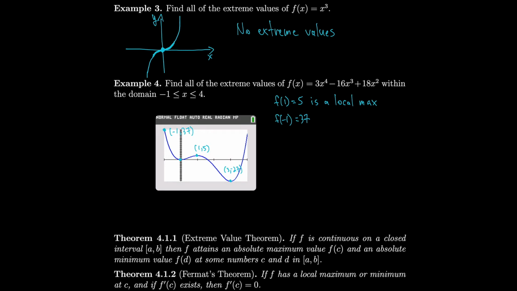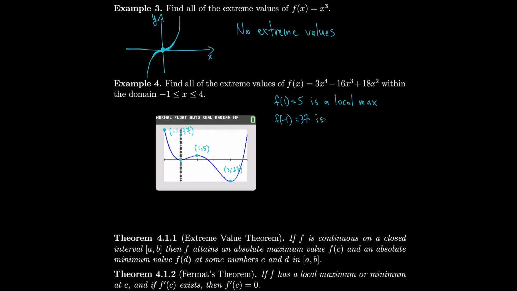But notice, if we had not cut this thing off at -1, then this would keep going up, and it wouldn't be a maximum. But because we closed this interval, it gets cut off, so this is going to be the highest value. Because the function does not, as far as we're concerned, exist outside of -1 to 4.